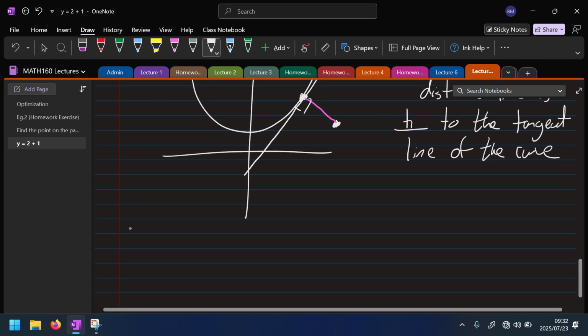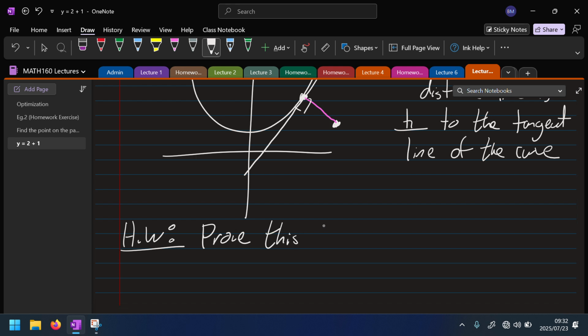Okay, another homework exercise for this. Prove this for some function g. Now I don't even say what the function is, I just call it g.